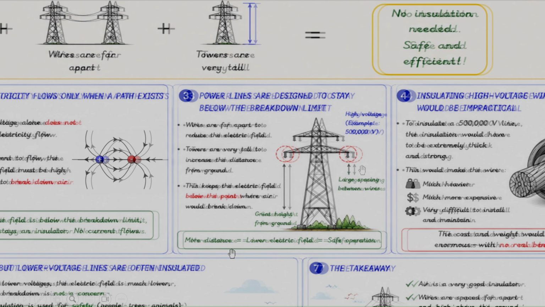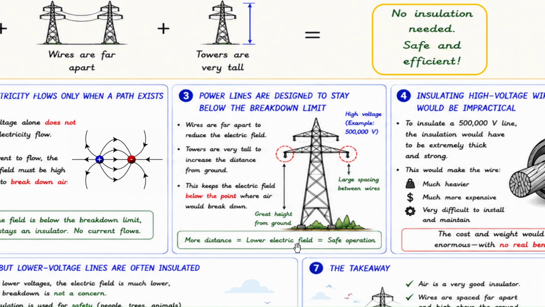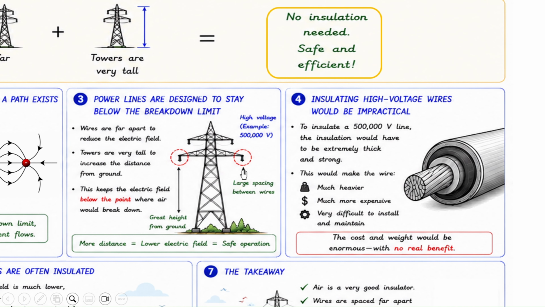The more distance we have, the weaker the electric field, and if we have a weak electric field, we limit the chances of a path for electricity to flow. So that's why conductors are far away from the ground and also far away from each other. Now let's ask one thing.